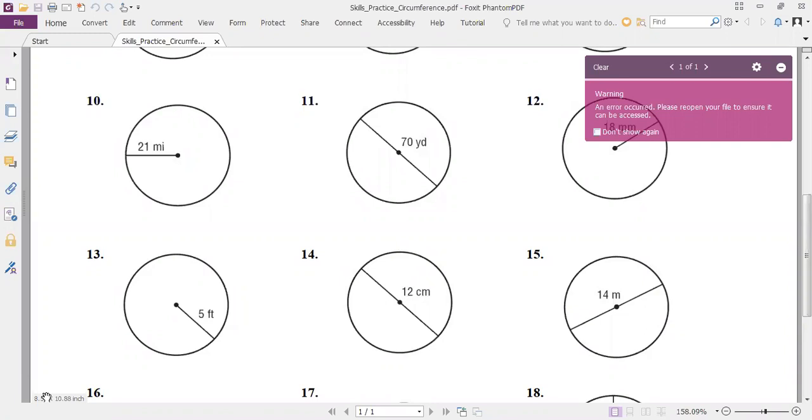So we'll multiply 12 by 3.14. 12 times 3.14 equals what, Yazid? Equals 37.68. Excellent, Yazid. This one I need to approximate to the nearest tenth, right?